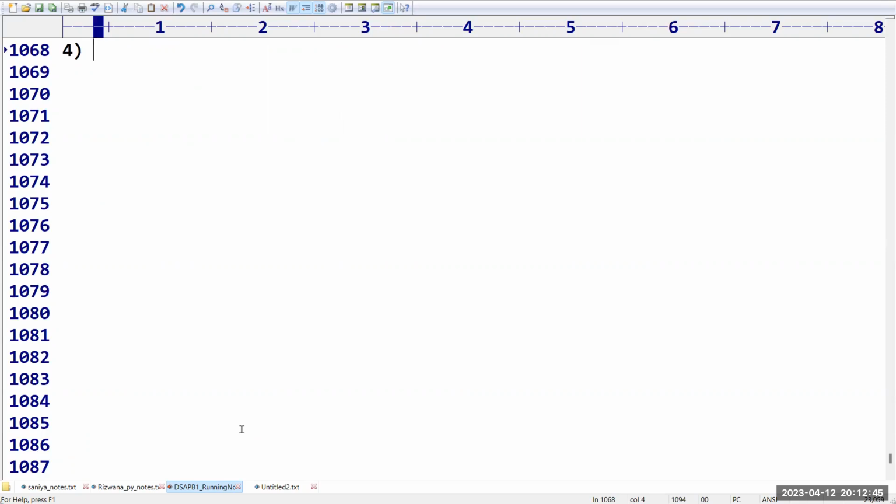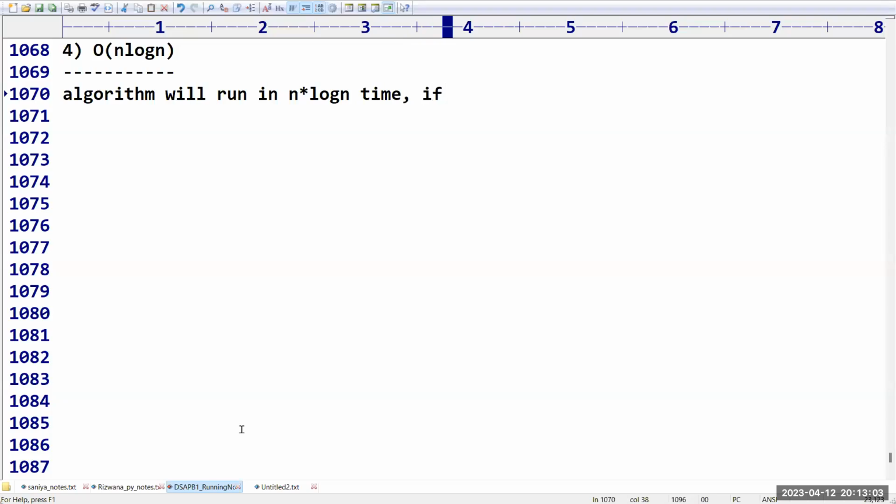Next one is big O of n log n. In this case, the algorithm will run in n into log n time.